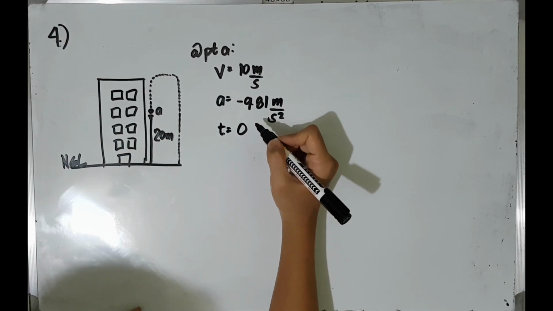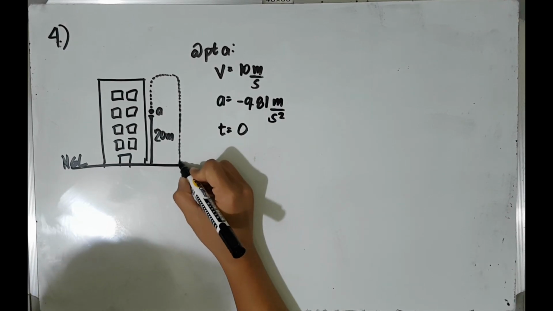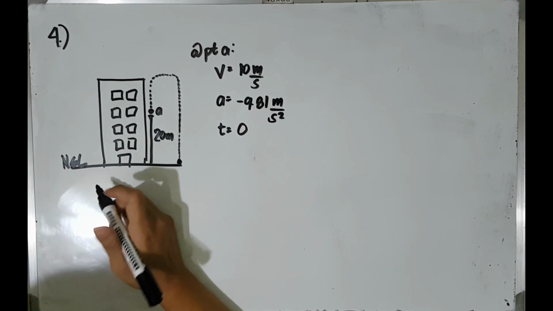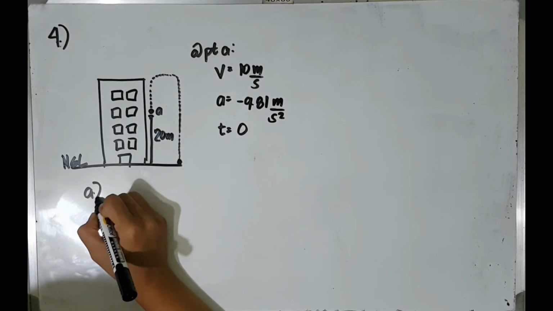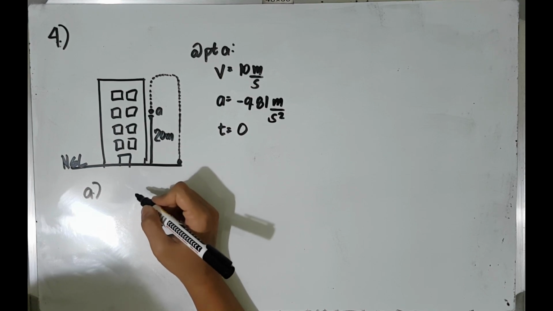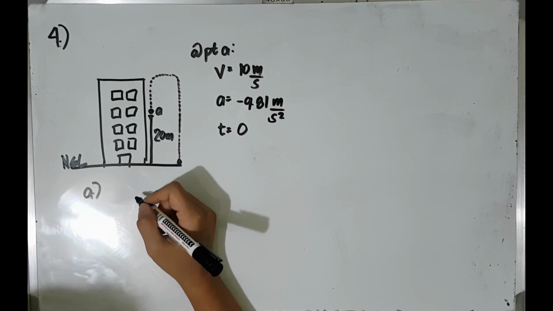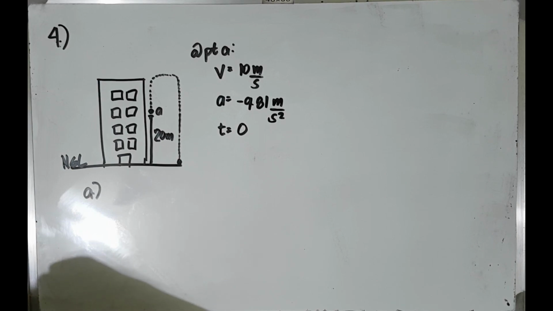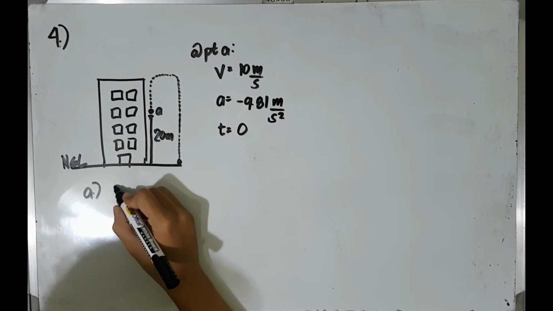So at point A, the time is equal to 0 kasi yun pa lang yung time na magsisimula to toss the ball upward. We will determine the velocity and the elevation of the ball above the ground at any time t.